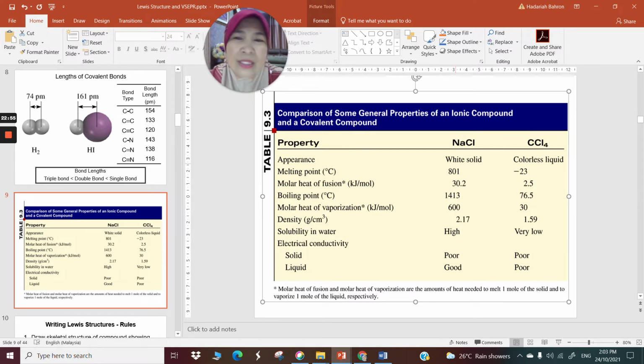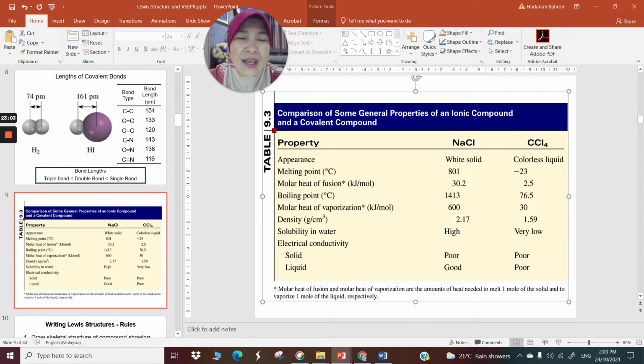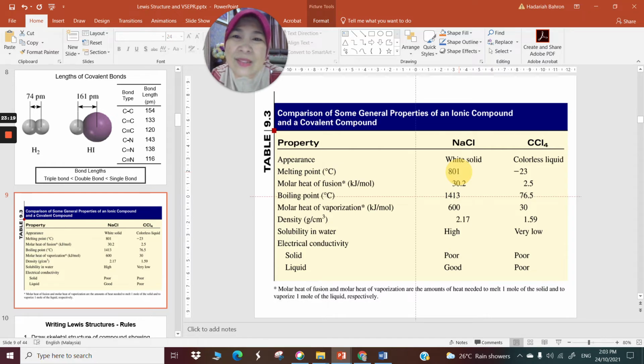Ionic compound typically will have a higher melting point and a higher boiling point than covalent compound. So the melting point of sodium chloride is 801. So at 25 degrees Celsius room temperature, or 30 in Malaysia, or 35, it is still in its solid state. It's not melting.